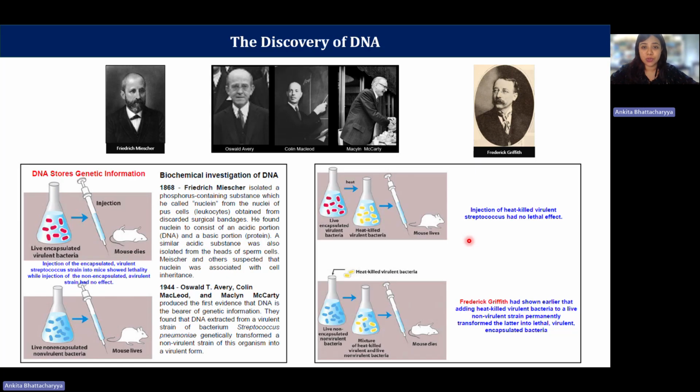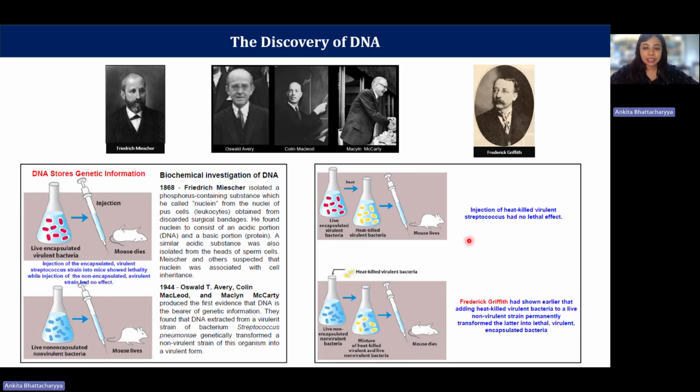The fact that DNA stores genetic information was understood when a virulent strain of Streptococcus injected into mice caused the death of the mice. However, when a live, non-encapsulated, non-virulent strain was injected, the mice did not die. When a mixture was made of live bacteria with heat-killed virulent bacteria, the mice were living.